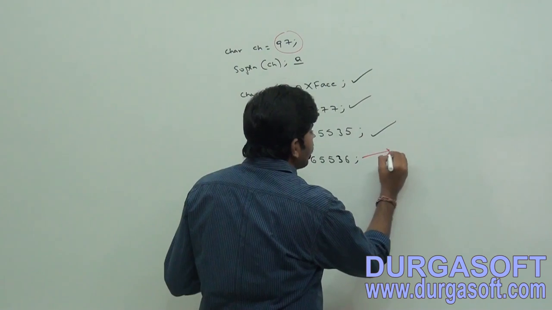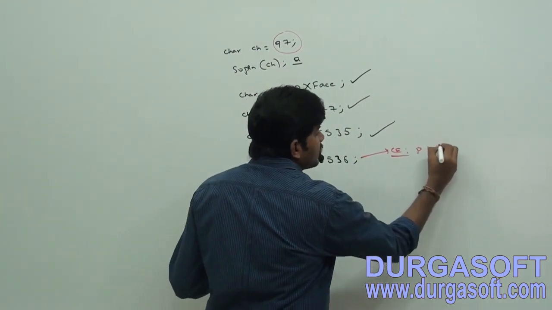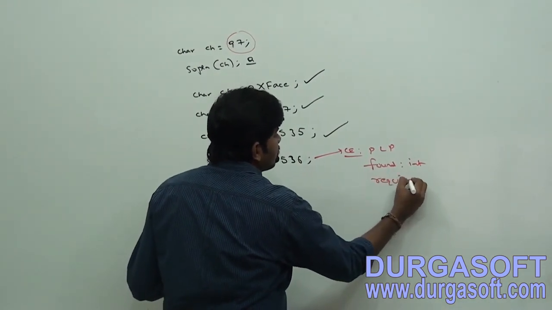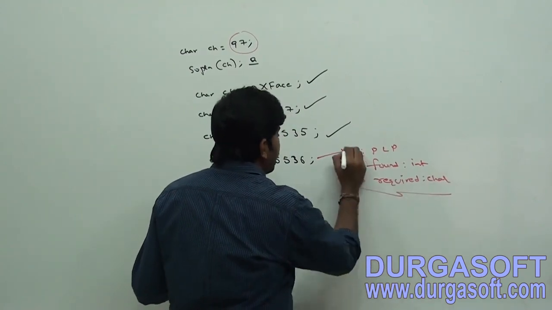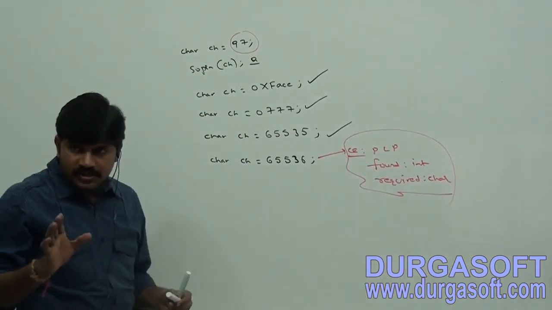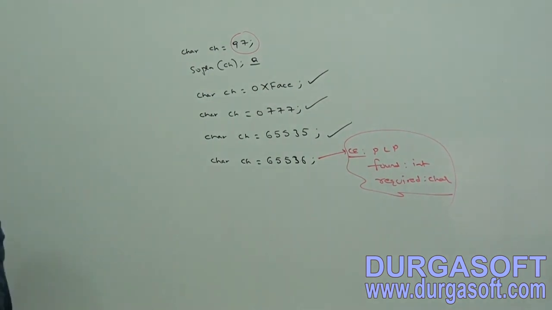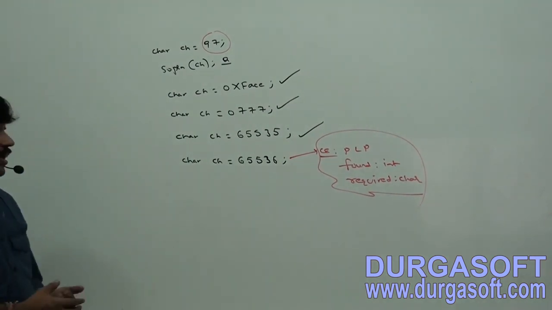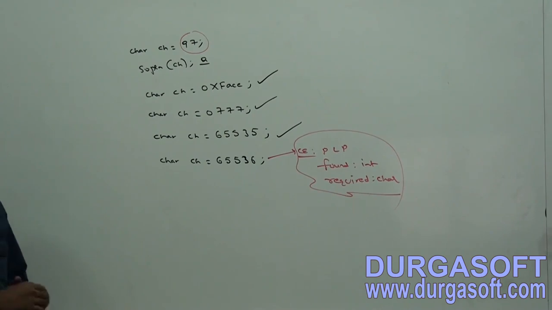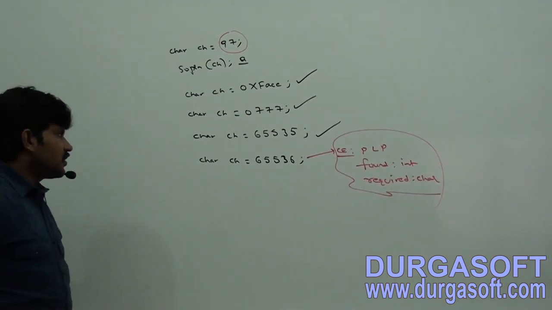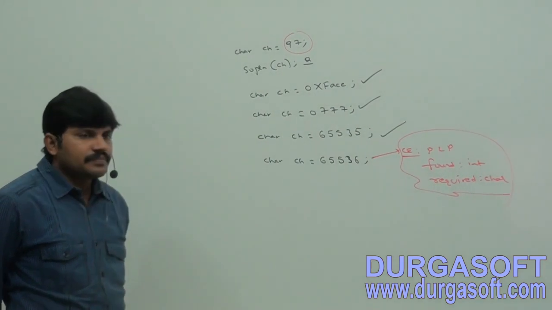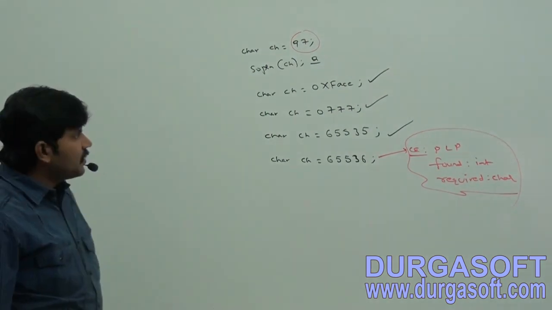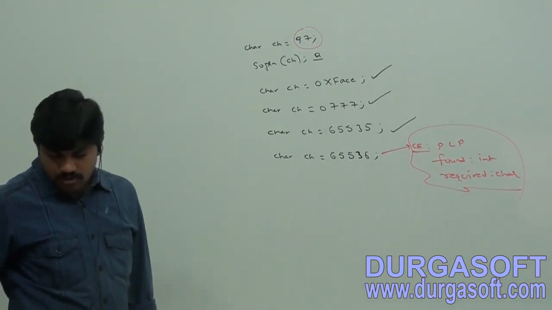Immediately we get a compile error saying possible loss of precision, found int, required char. Any explanation required? Char ch = 0xface, char ch = 0777, char ch = 65,535 are valid. We can specify a char literal in decimal, octal or hexadecimal forms, no problem at all.